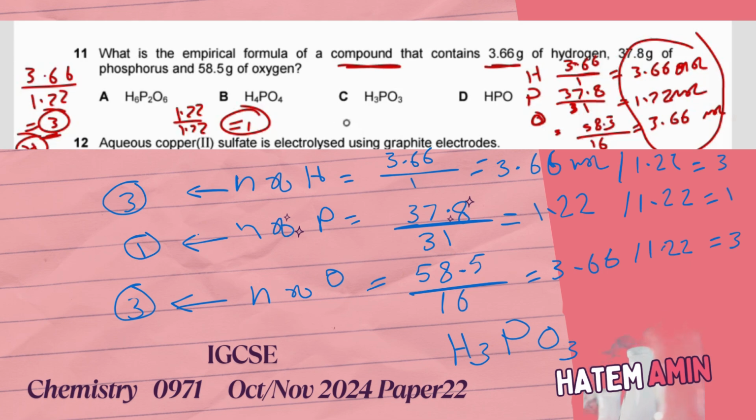About the oxygen, 3.66 divided by 1.22 equals 3. So we have 3 hydrogen, 1 phosphorus, and 3 oxygen. Which option has these numbers? H3PO3, the correct answer.